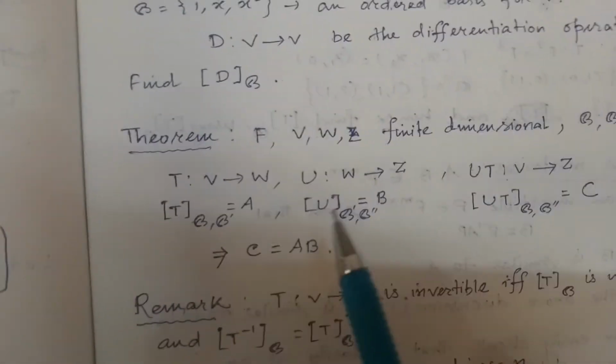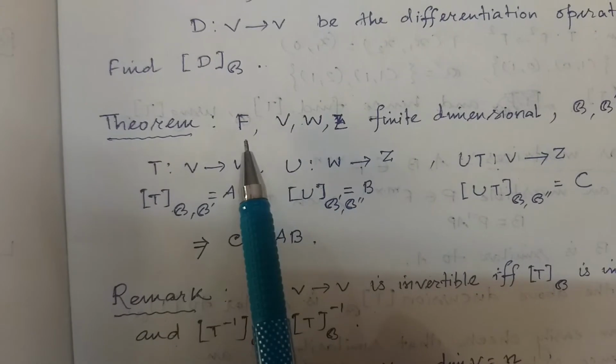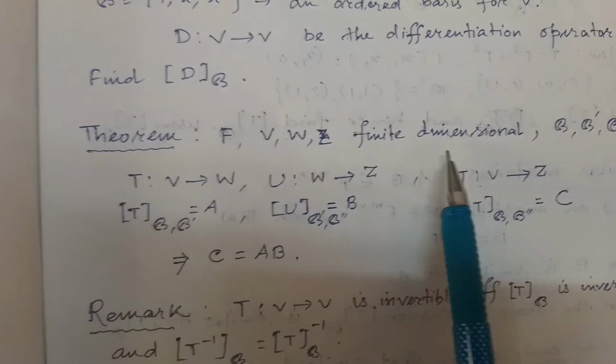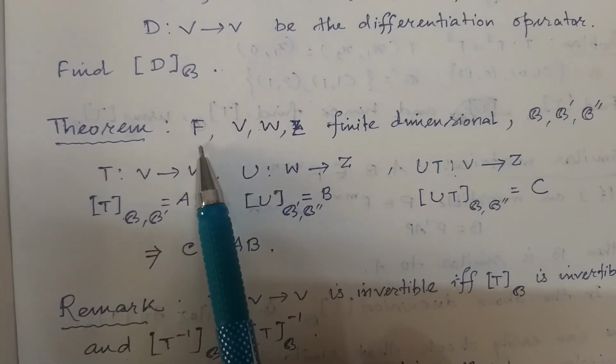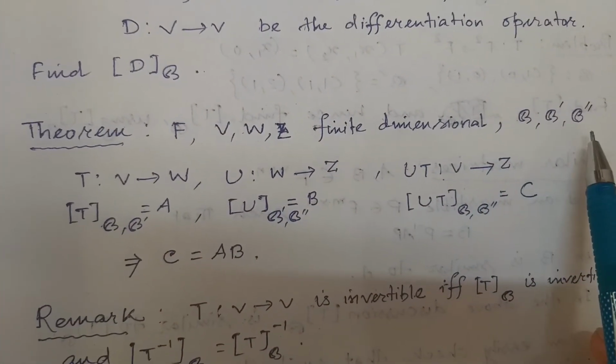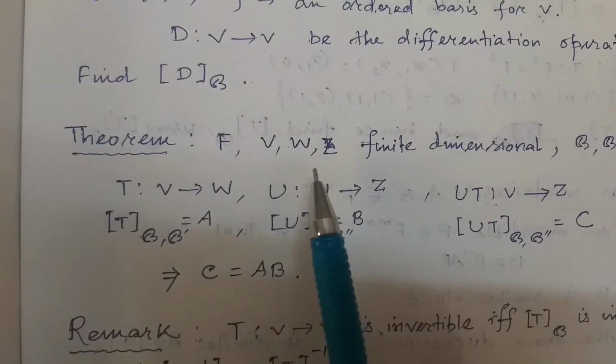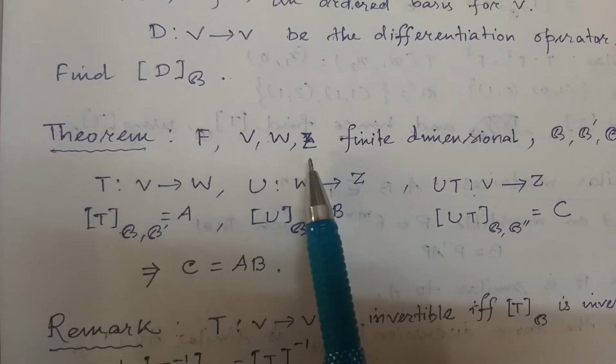I leave it. Next theorem. Let F be a field, V, W, Z be three finite dimensional vector spaces over F. B, B dash and B double dash are three ordered bases of V, W, Z respectively.